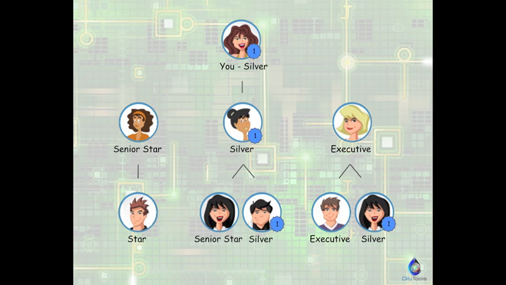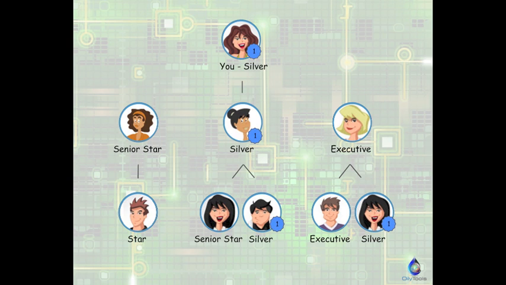Now we're going to look at your generation leadership bonus as it pertains to that same downline we just looked at. I've modified the graphic so that we're not looking at what generation each person is, but at how many shares you're eligible for based on the rank that you have, the rank of the people in your downline, and what generation they are in. As a silver, you earn on your personal generation as well as 2 additional generations.